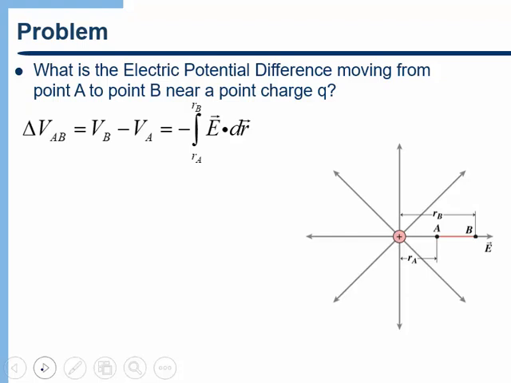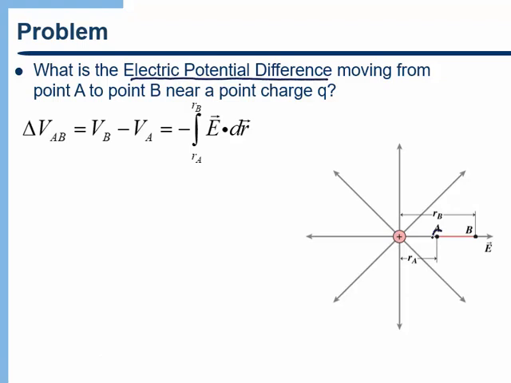All right, the next thing we want to look at is the following problem: what is the electric potential difference moving from point A to point B near a point charge Q? The first thing I want to say is that this is very similar to what we did back when we did problems with gravity, but instead of using potential energy, we're looking at electric potential difference.